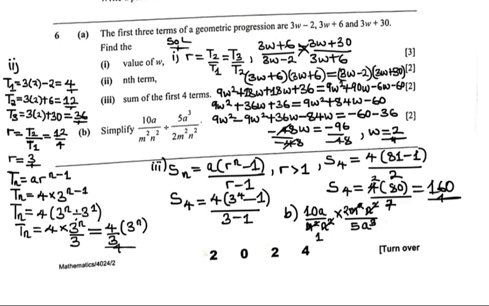Then on 10a and 5a to the power 3, 5 can go into 10, so 5 into 5 gives 1, then 5 into 10 gives 2. Then a to the power 3 will simplify with a, so a into a is 1. A into a to the power 3 gives a to the power 2. So instead of a to the power 3, we are going to have a to the power 2.